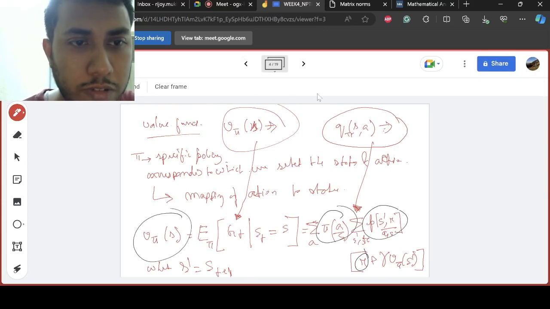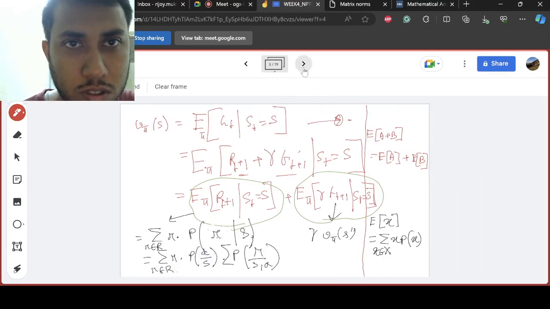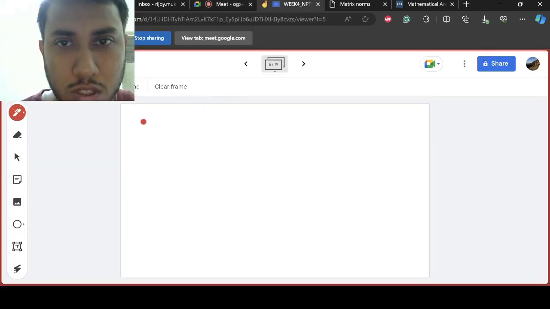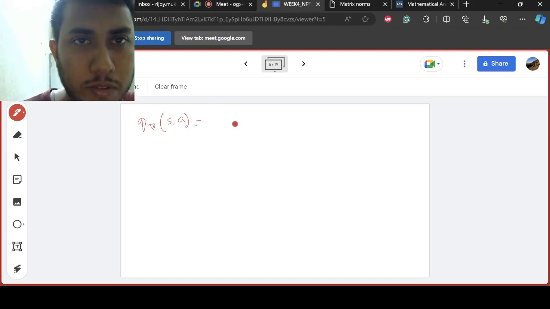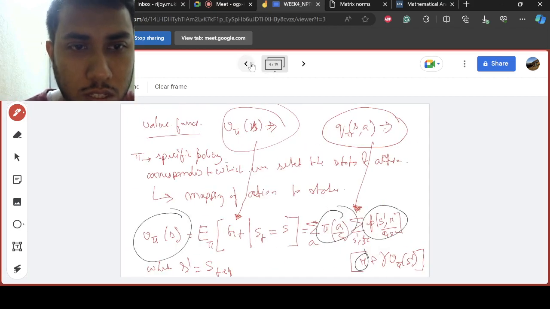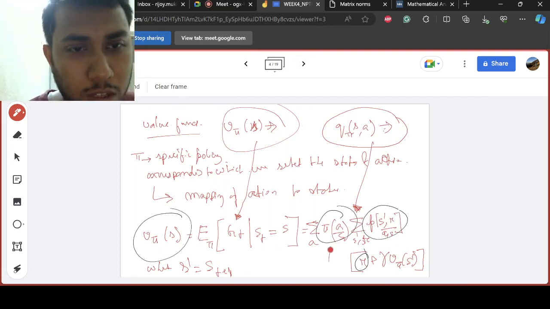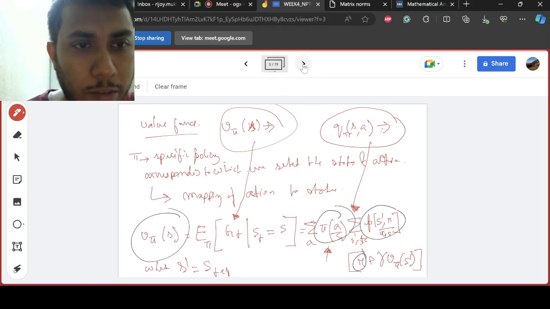It will be something like this: Q of pi, you are at state S and select A. Basically you are selecting a specific value of A here, so this one will go up, and it will ultimately be this summation.